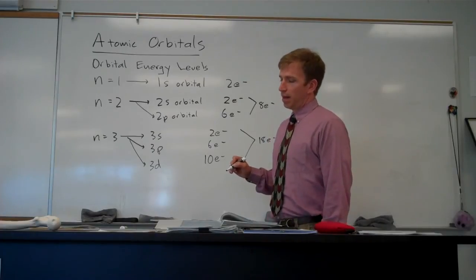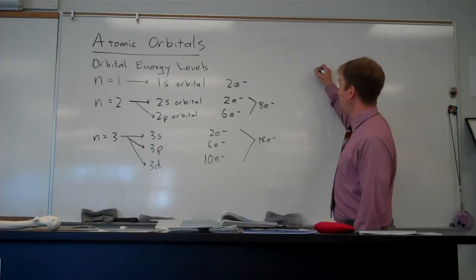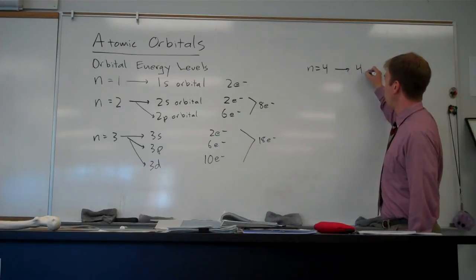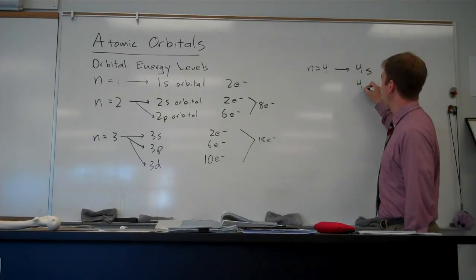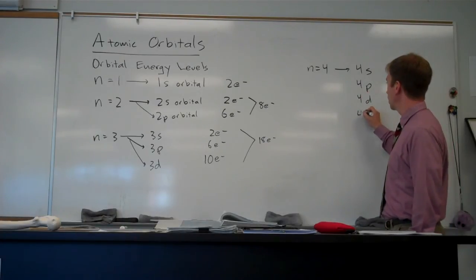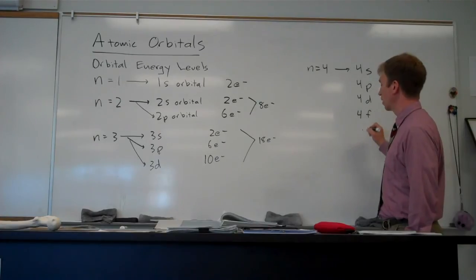The next layer up, if we go to n equals 4, we again get the 4s orbital, the 4p orbital, the 4d orbital, and in n equals 4 we get into the 4f orbitals as well.